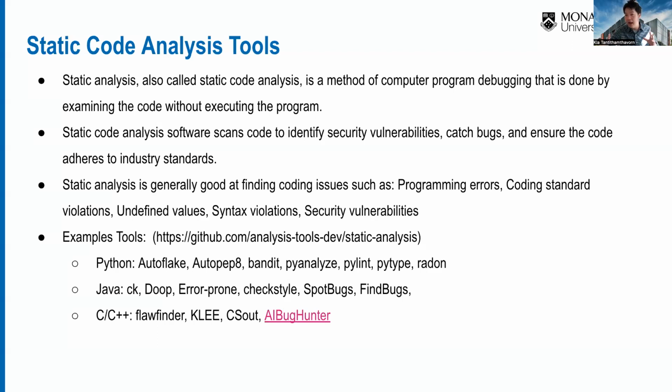That's the undefined values. When you parse the Python code into the abstract syntax tree, you can develop an algorithm to easily detect whether each of the variables in the program has been defined or not, right? Okay, this is an example of static analysis.